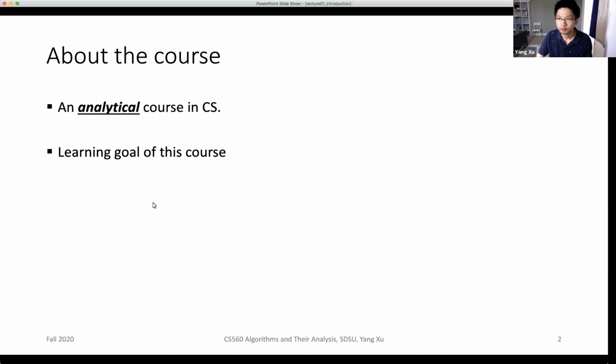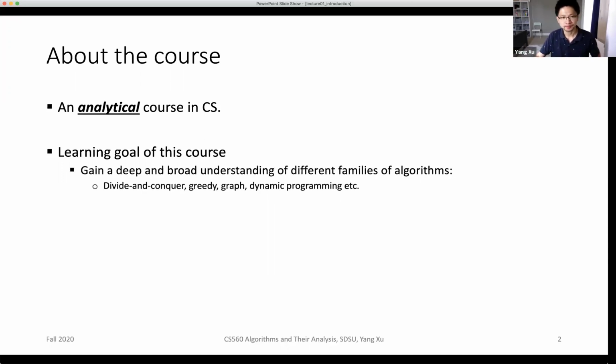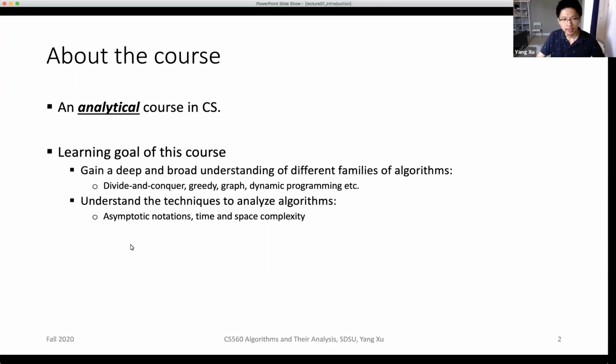We will basically cover all the mainstream types of algorithms, and we need to understand the techniques to analyze algorithms. We'll introduce mathematical notations and the concept of time and space complexity. And most importantly, in this course, we will primarily use pseudocode to implement algorithms.